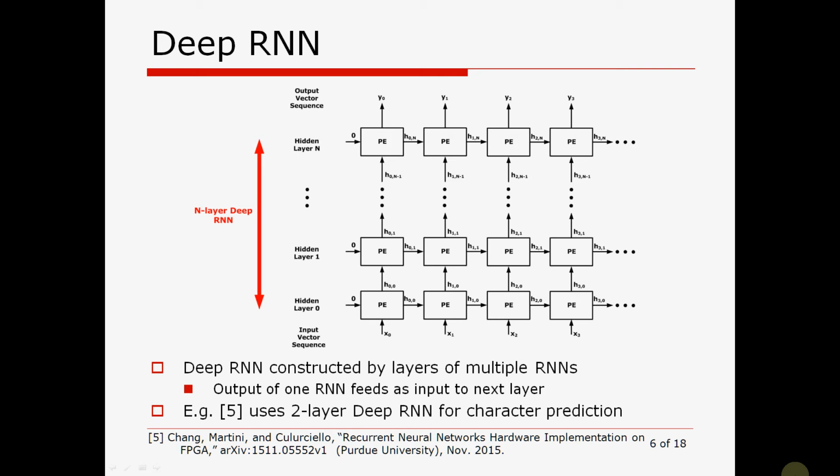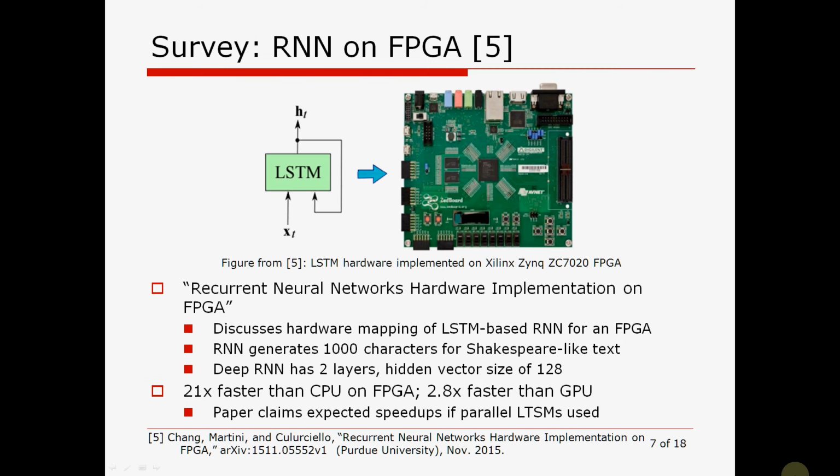The way a deep RNN works is the output of one RNN layer becomes the input of the adjacent RNN layer on top of it. This can really enrich the performance of a recurrent neural network. For example, the paper I want to discuss for this presentation is using a 2-layer deep RNN for character prediction. So let's just jump right into the paper itself.